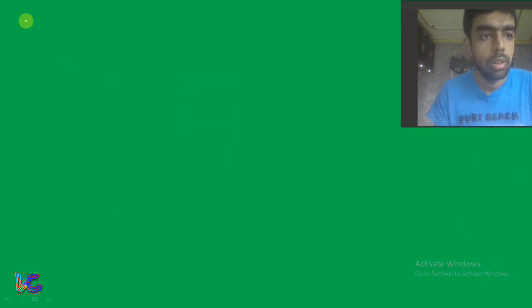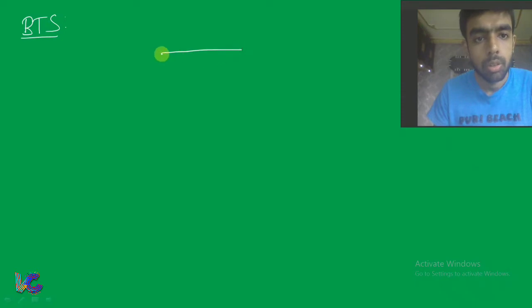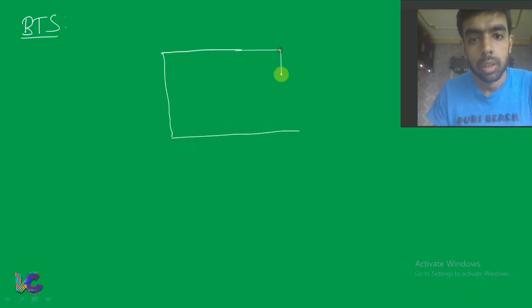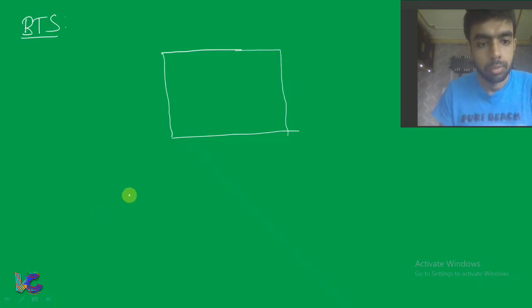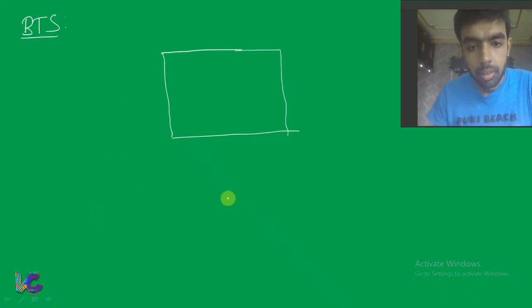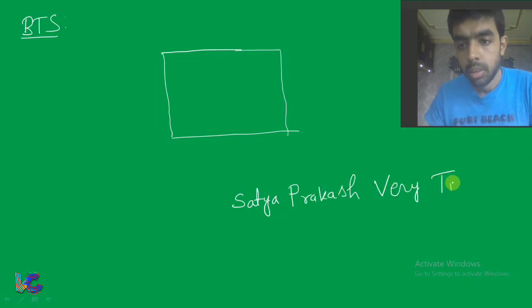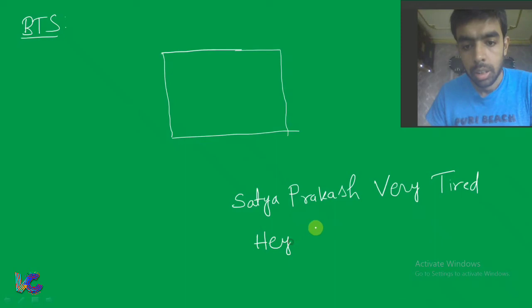So what is this Born thermodynamic square? Let's see now. First, what you do, you draw a square. So this is the square you have. Now I will use a mnemonic technique and I will write here: Satya Prakash, very tired, hey God, AU.